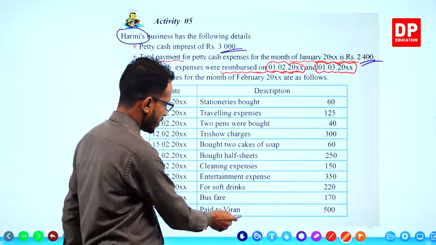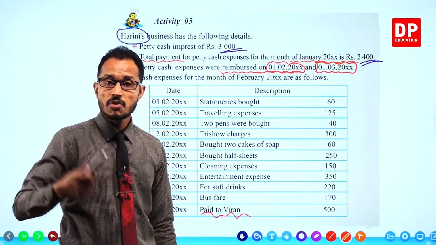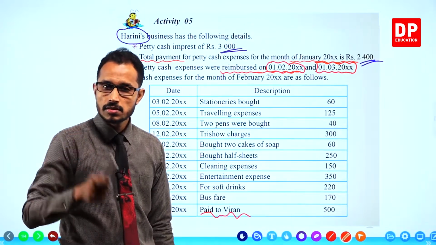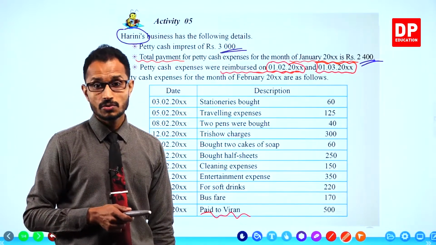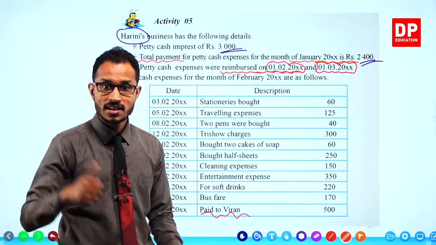See, there's a name of a guy. We know if there's a name of an individual, where to record. We did this, not in this session, last session.